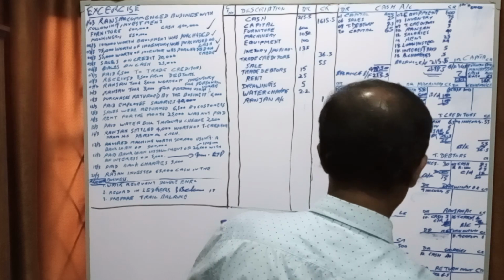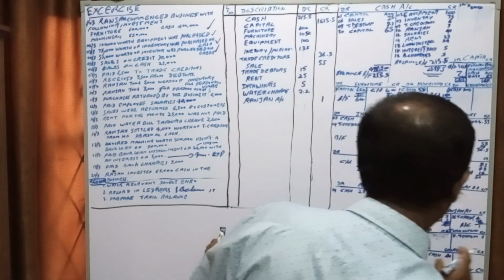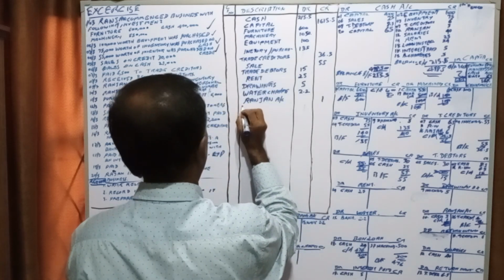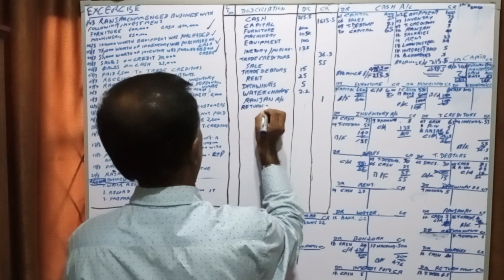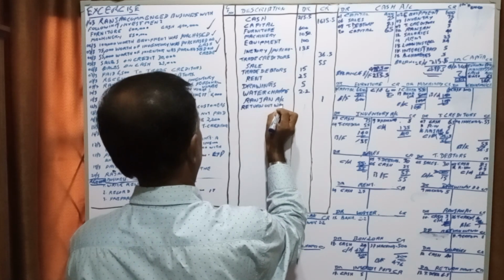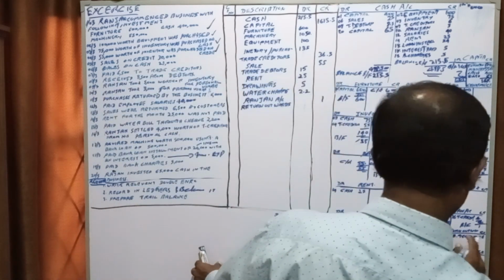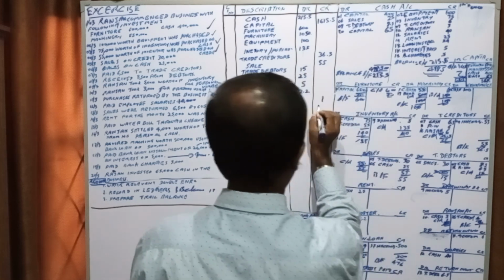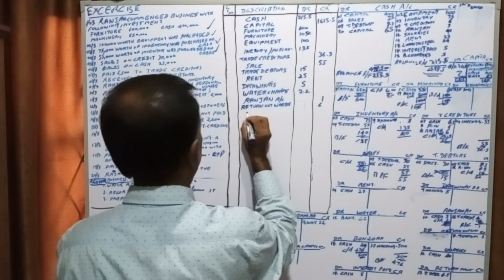Okay. Other one is return outwards. Return outwards, credit balance 6. And salaries.